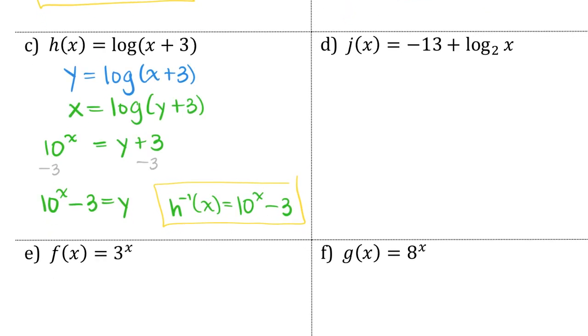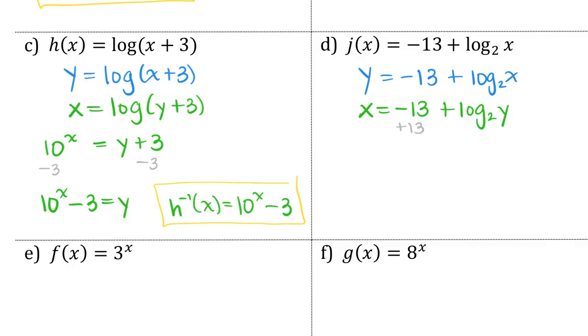Let's look at D. I'm going to rewrite it with the y, which again, you don't have to. Now I'm going to interchange the variables, which is the most important step to finding the inverse. Now I want to solve for y. Can I cancel the negative 13? I can't, because it's not in parentheses, it's just there.